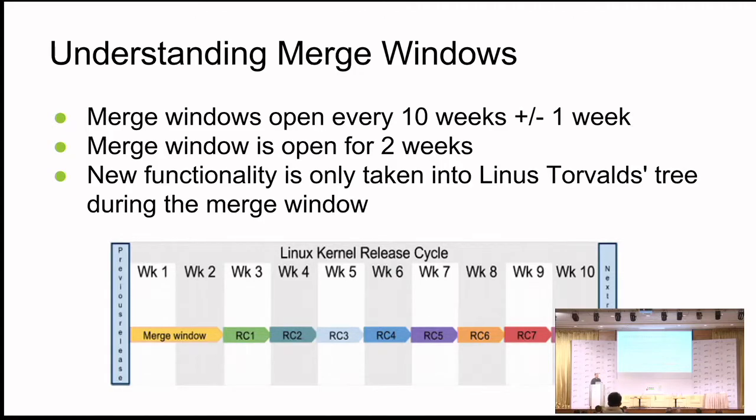So the next thing we need to understand, now that we know about maintainers, what their role is, we really need to understand how the release cycle of the kernel works. Because we need to understand that cycle to know when we submit our patches, when we can expect them to be accepted, when they can be merged, how they appear in Linus Torvalds' tree. So merge windows open about every 10 weeks plus or minus a week, okay?